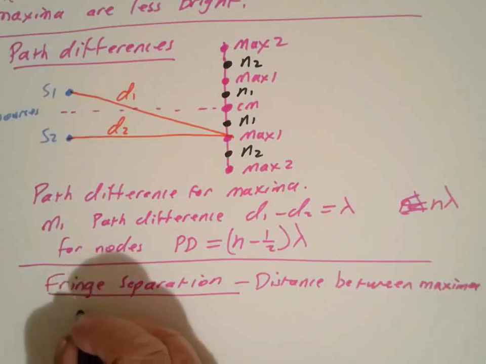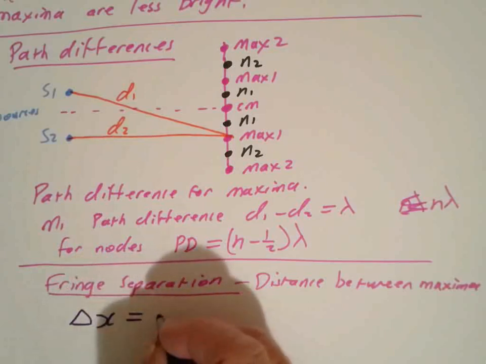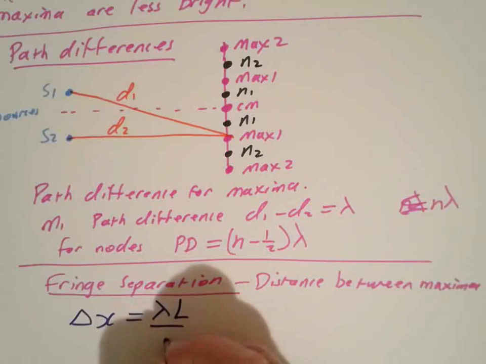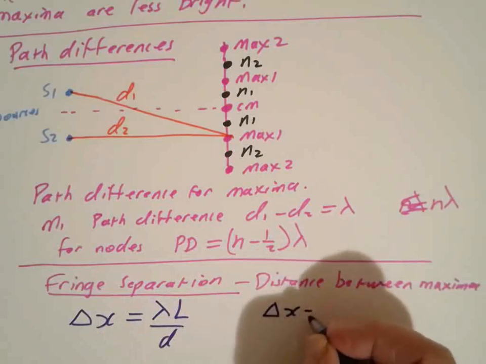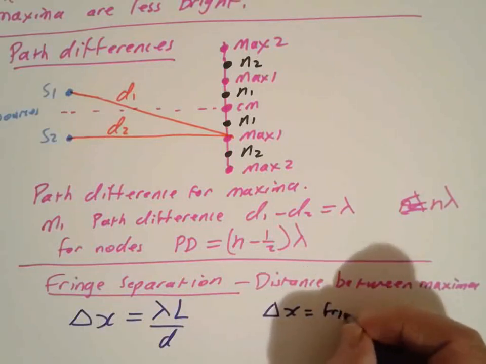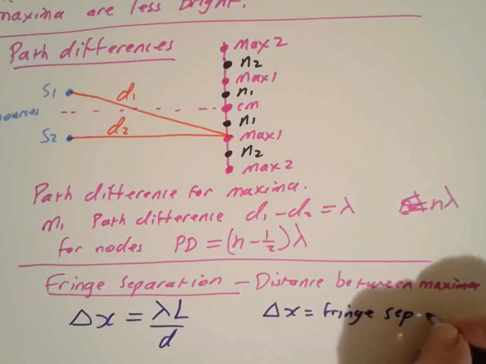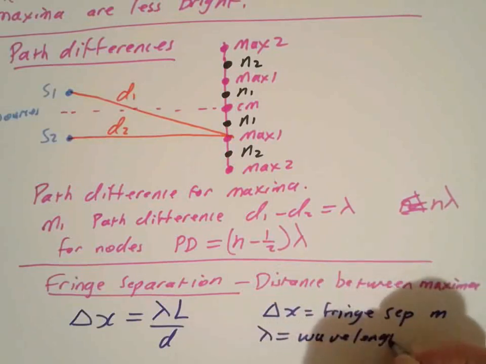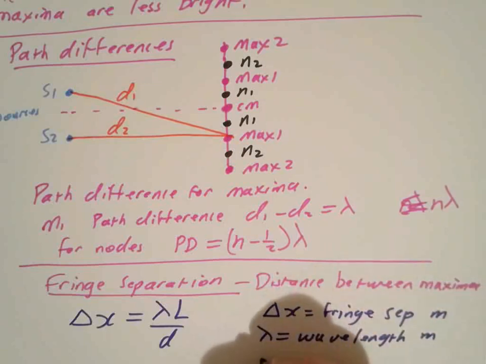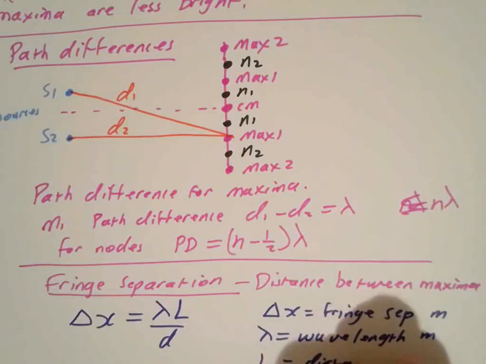So, fringe separation, delta x equals lambda L on D, where delta x is the fringe separation, in meters, lambda equals wavelength, in meters, L equals distance to the screen, in meters, and D equals separation of slit centres.